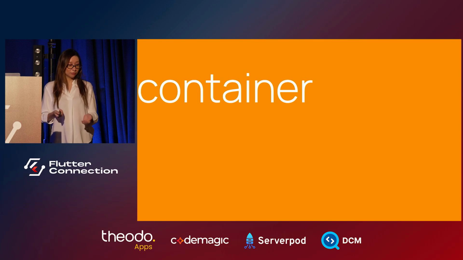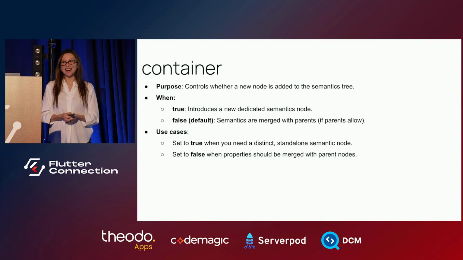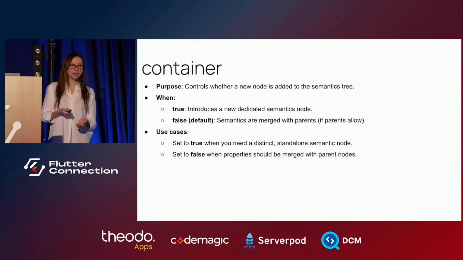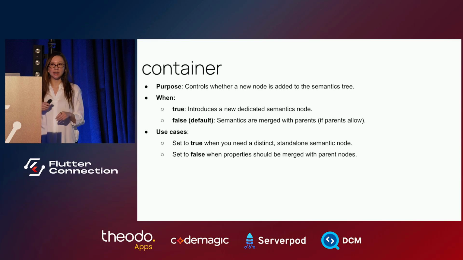Let's start with container, because I'm only going to talk about the ones that I printed in bold on that other slide. So a container decides whether a node is added to the semantics tree. It basically checks if you have to introduce a new dedicated semantics node, or by default it's false, and the semantics are merged with the parent.